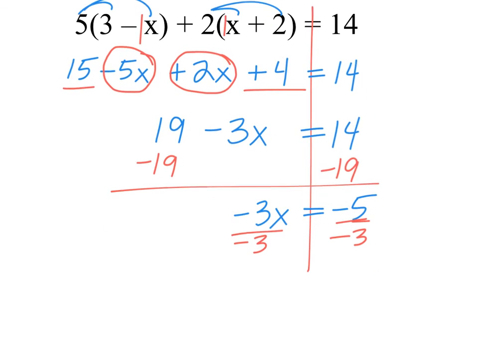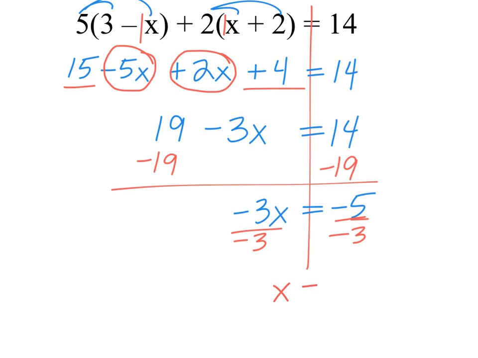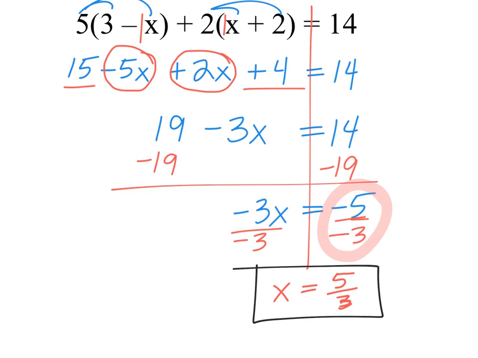And you get, okay, you gotta leave your answer as a fraction for me. It's okay. We're going to leave it as positive 5/3. So we're leaving it as basically the same thing as we saw right here. We're just doing negative divided by negative is a positive. And you're done.